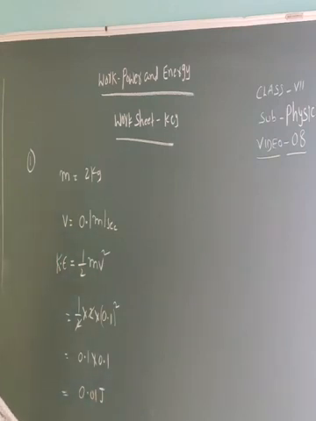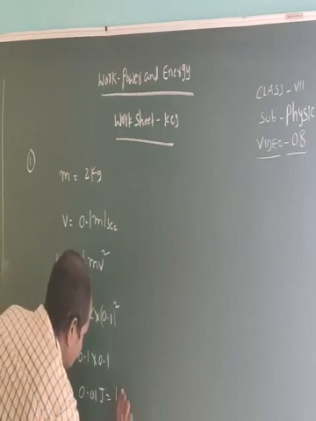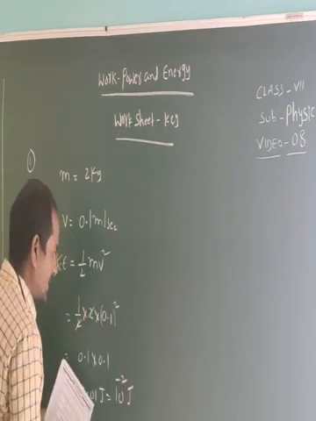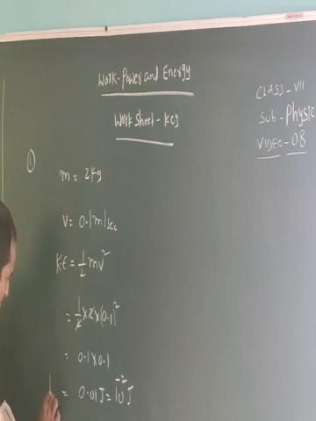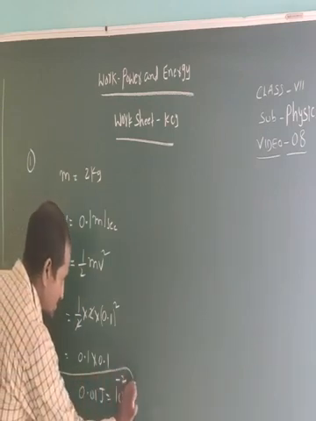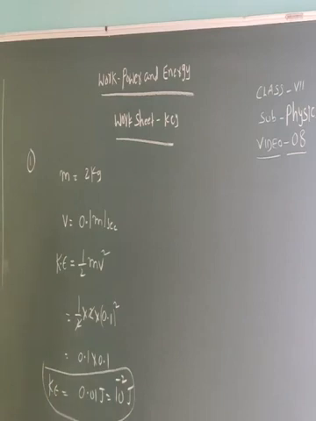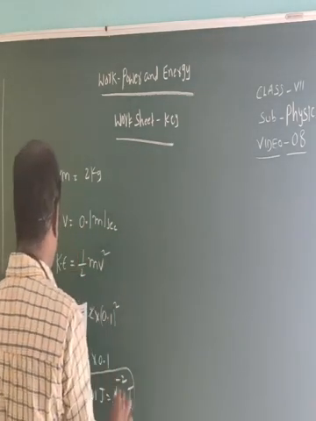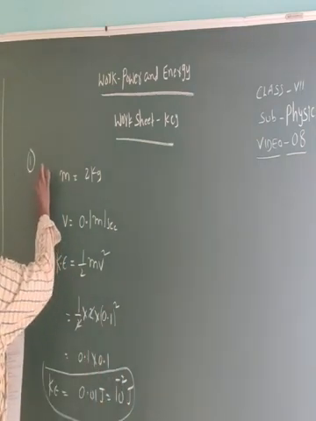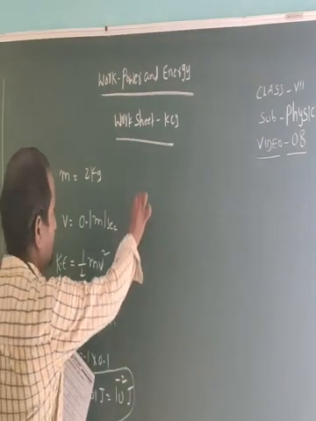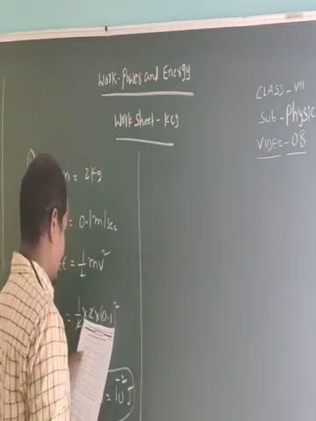So we can write 10 power minus 2 joules. So 0.01 or 10 power minus 2 joules. Option number B is the answer. Next one.